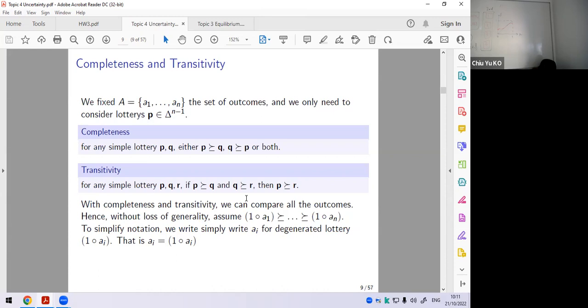Bundle A and bundle B may be very similar, and bundle C and bundle D may be very similar. You can't tell the difference. But between A and D you can tell the difference. So in that case it's not transitive. A and B are the same to you, B and C are similar, C and D are similar, but A and D are different.